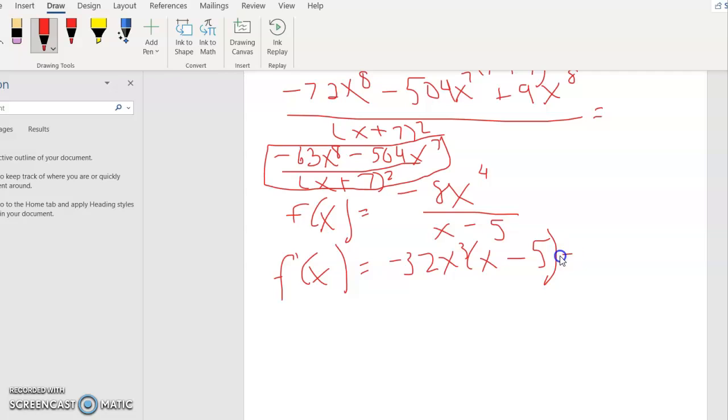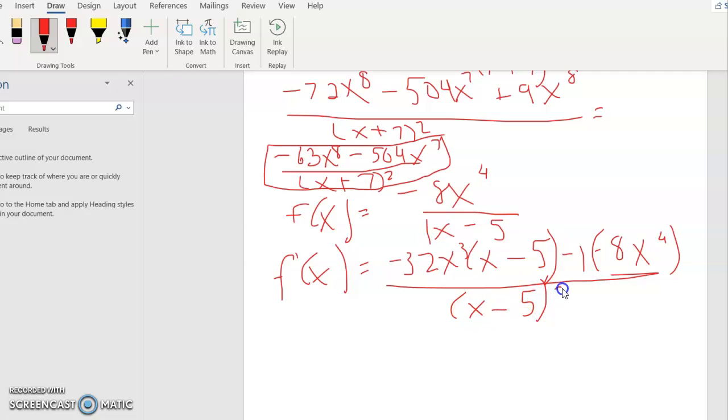And then we want a minus sign. Now the derivative of the bottom, well, that's just going to be 1, and the 5 is going to go away, so just 1. And now the top tags along. And then we want all of that over the bottom squared. So over x minus 5 squared.